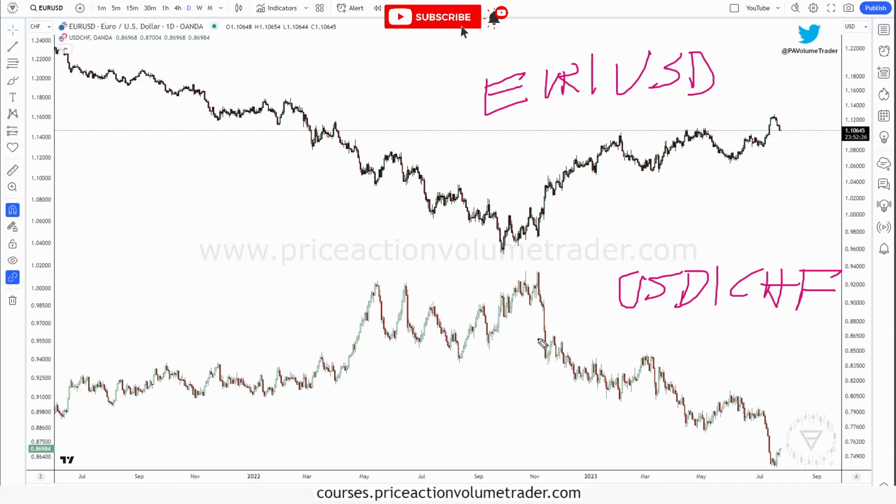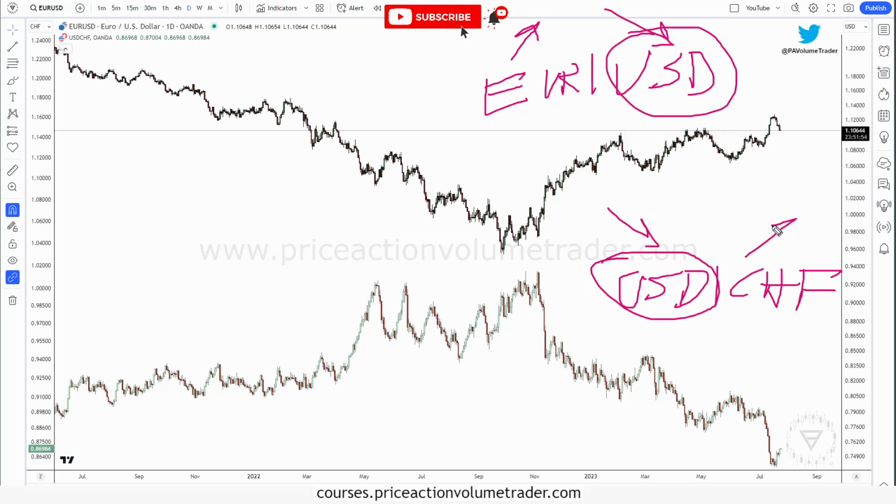You can see these markets are also inversely correlated, because in this case, the dollar is the secondary currency in this pair, whereas here it is the main one. So if euro is looking strong, dollar is going to look weak. In turn here, if the dollar itself is now the main coin, then the dollar is going to look strong, and in this case, the Swiss franc is going to look weak.